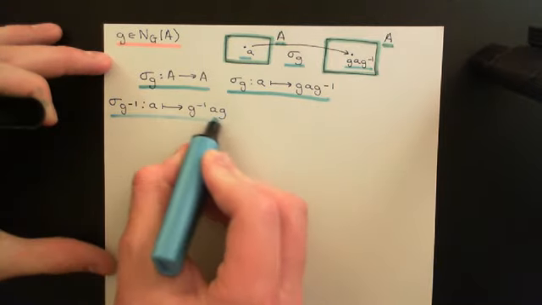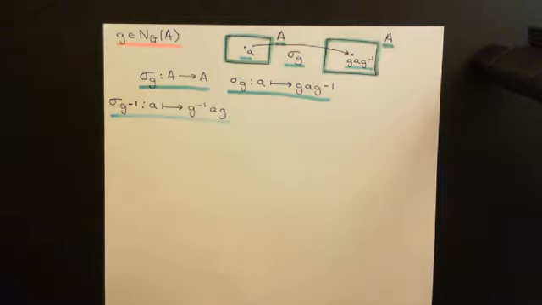Okay, now I claim that this map, sigma g inverse, is the two-sided inverse of sigma g.